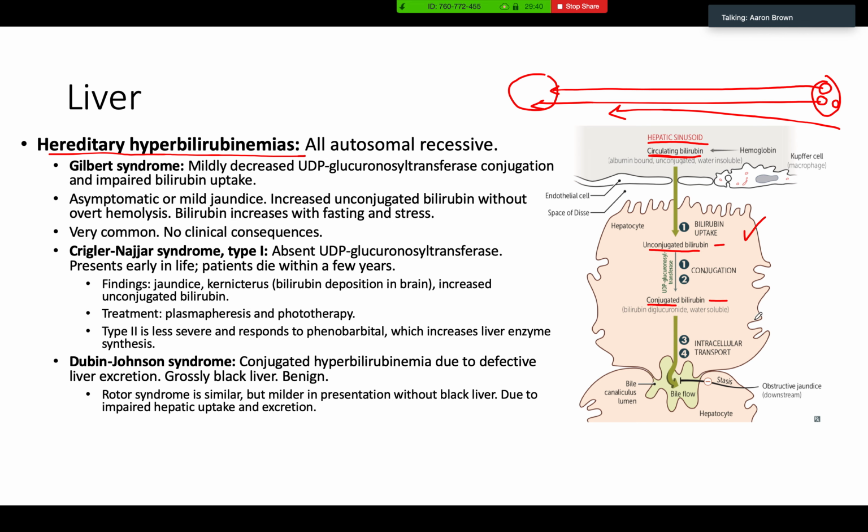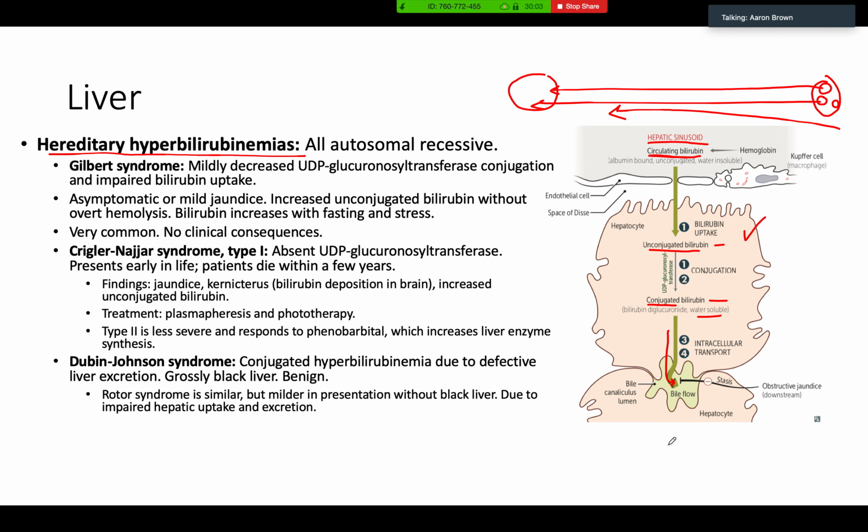Unconjugated is our sand. Okay. And so, we conjugate it, now it's water soluble, and now we can get rid of it through the bile. It's going to leave from the bile. Some of it gets reabsorbed and will leave through the kidneys because now it's water soluble. Great, that's what we want, right? And so that's really the goal.